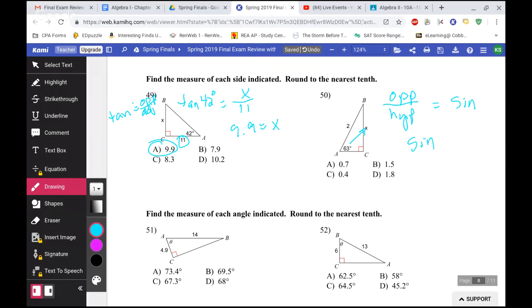So sine 63, 2 times sine 63 is 1.78 or 1.8.